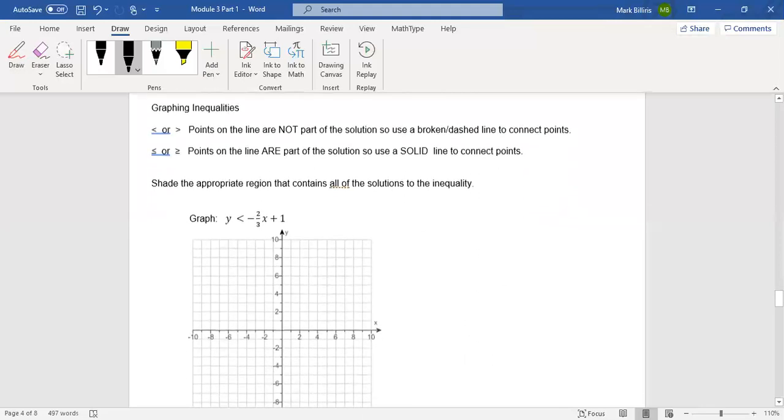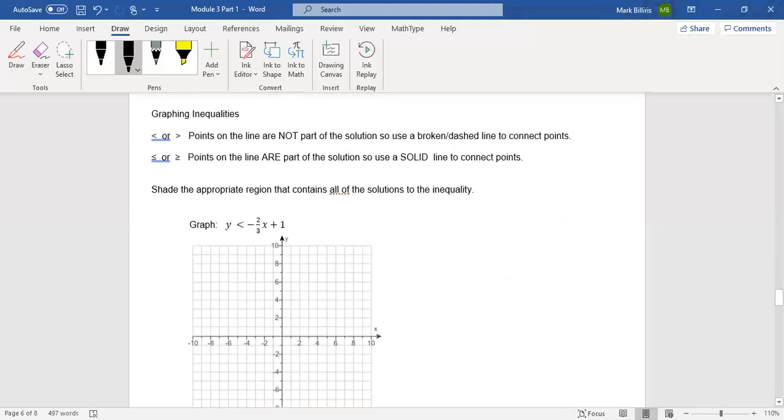Our next concept is graphing linear inequalities and solving systems of linear inequalities. So primarily the concept is exactly the same as graphing linear equations with a couple of added things that you'll need to do. First of all, we want to put it in slope-intercept form. In this first example, it will be in slope-intercept form, but if it's not, we're going to change it.